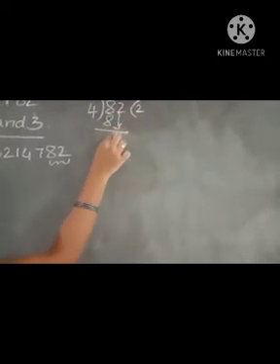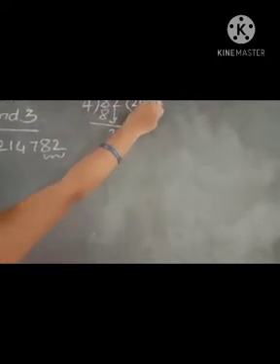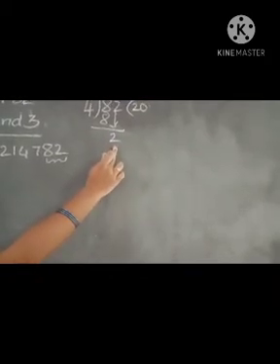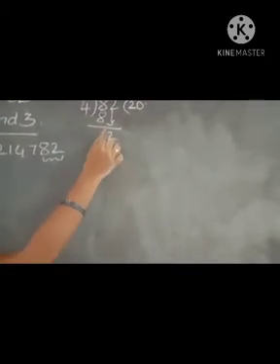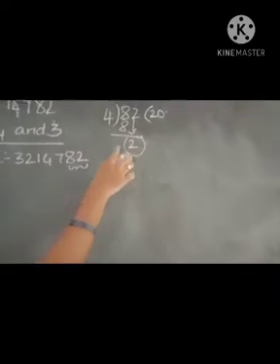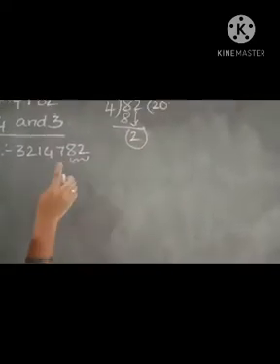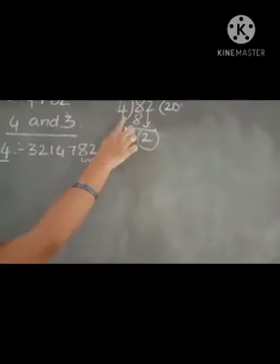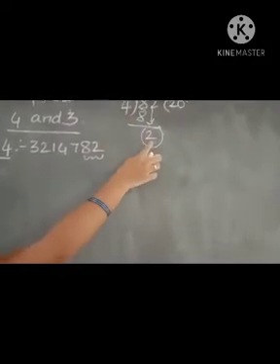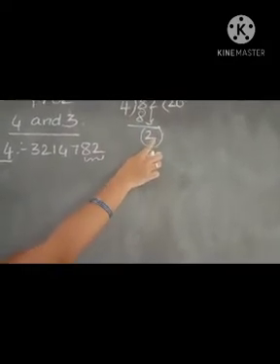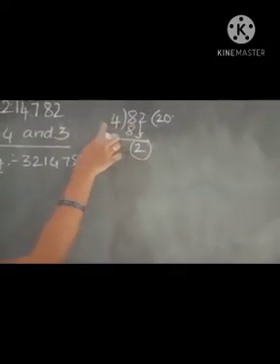Here 2 is left. Is 2 possible to divide by 4? No, the remainder is 2 only. Is 82 divisible by 4 or not? No. Why? Because the remainder is there, no? That's why 82 is not divisible by 4.